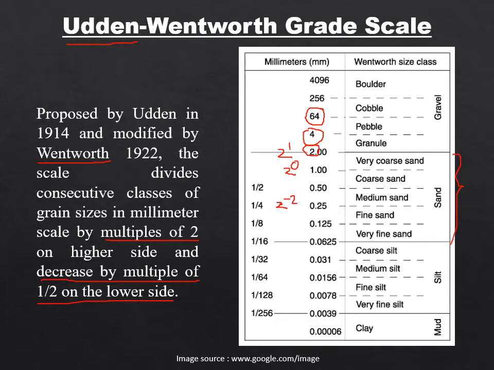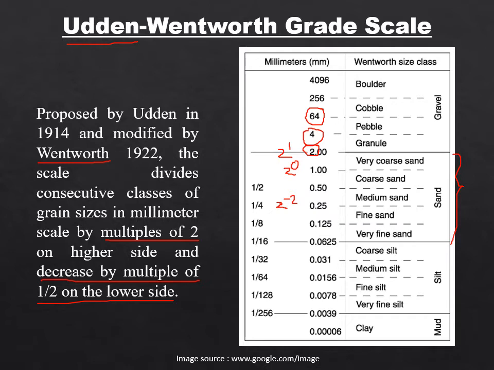So nowadays, anywhere on the globe, whenever people use the term sand, a geologist understands a sedimentary grain having diameter between 2 millimeter and 1 by 16 millimeter, that is 0.0625 millimeter.